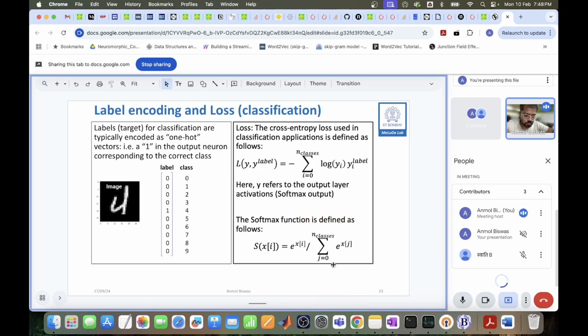In the denominator, you get all of the elements of the pre-activation. You get the exponent of those things, right?